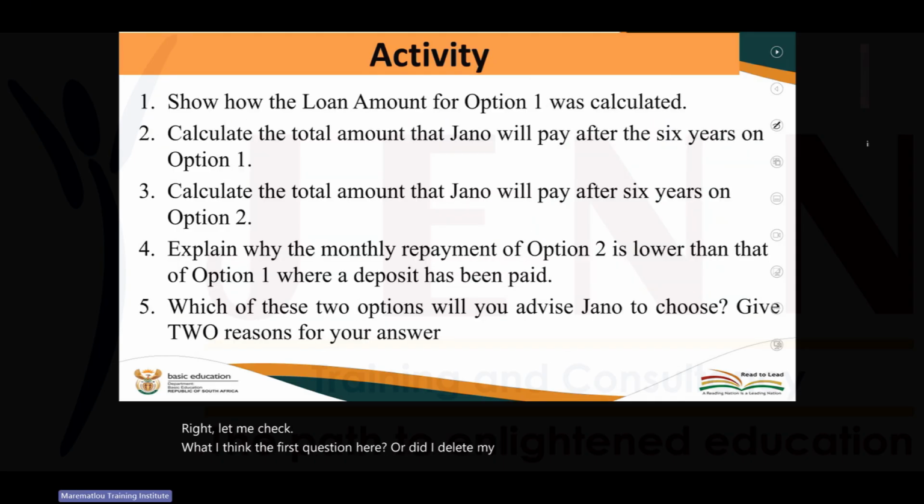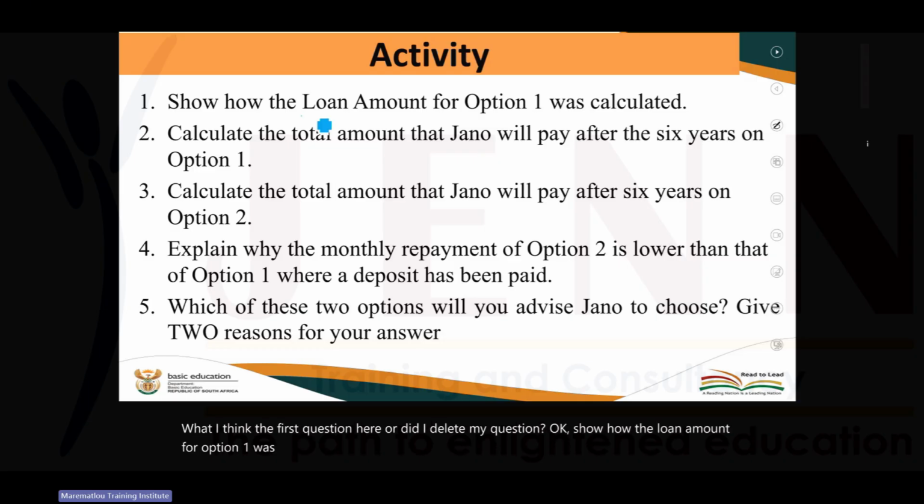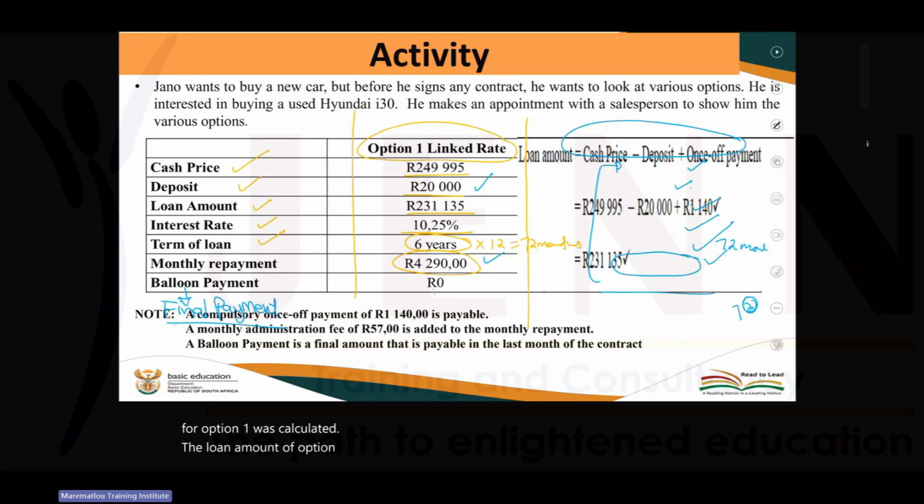Show how the loan amount for option 1 was calculated. Remember, let's go back. What was the loan amount? The loan amount was 231,135. Remember, the cash price is this one. They want to know where this comes from. It's very simple. You take the cash price, 249,995.